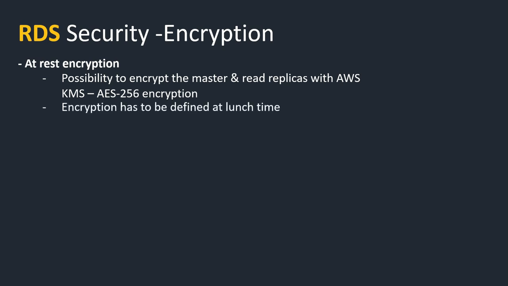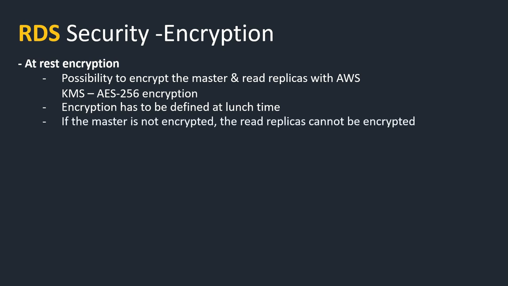When you do encryption, you define it at launch time, and if the master is not encrypted, the read replica cannot be encrypted. So this is a common scenario question on the exam as well.